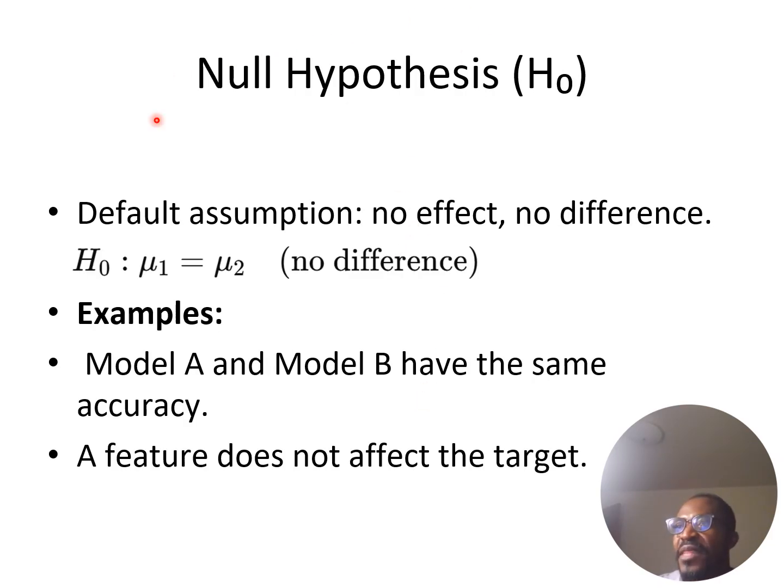The null hypothesis here is always what we call the default assumption. If we are looking to compare the means of two groups, we are saying there is no effect or no difference. No effect simply means that there is no difference between those two means, meaning that those means are equal.